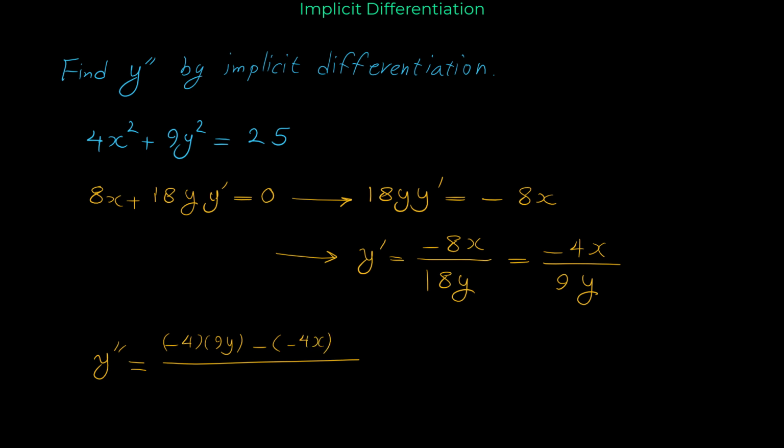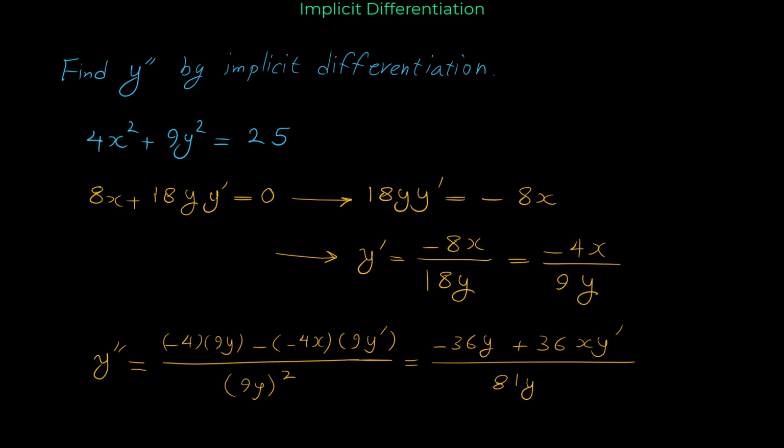The derivative of 9y is 9y prime, all over (9y)^2. Let's simplify this. We have in the numerator negative 36y plus, minus times minus is plus, 36x y prime, all over 81y^2.